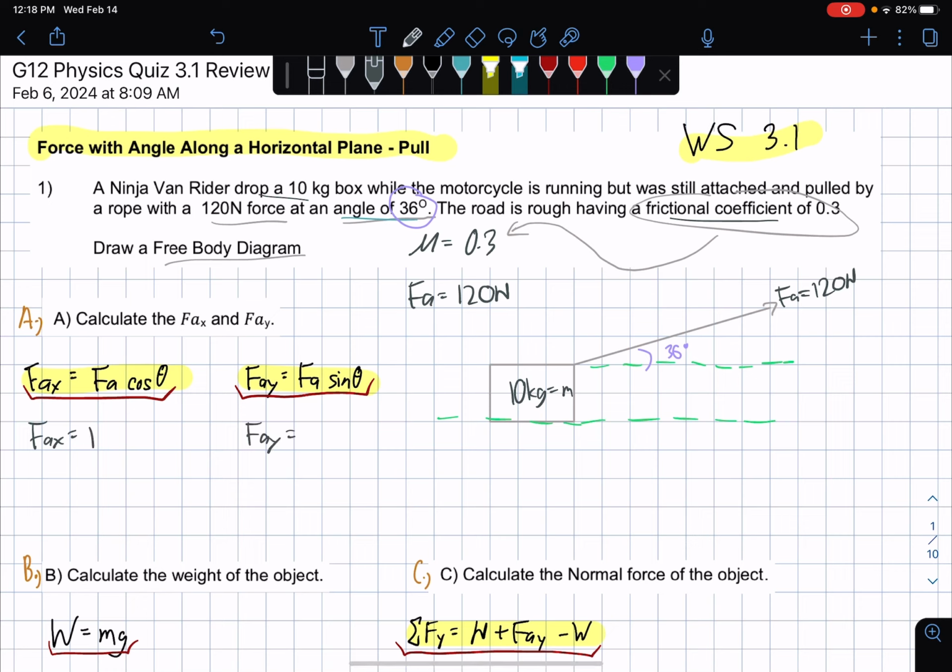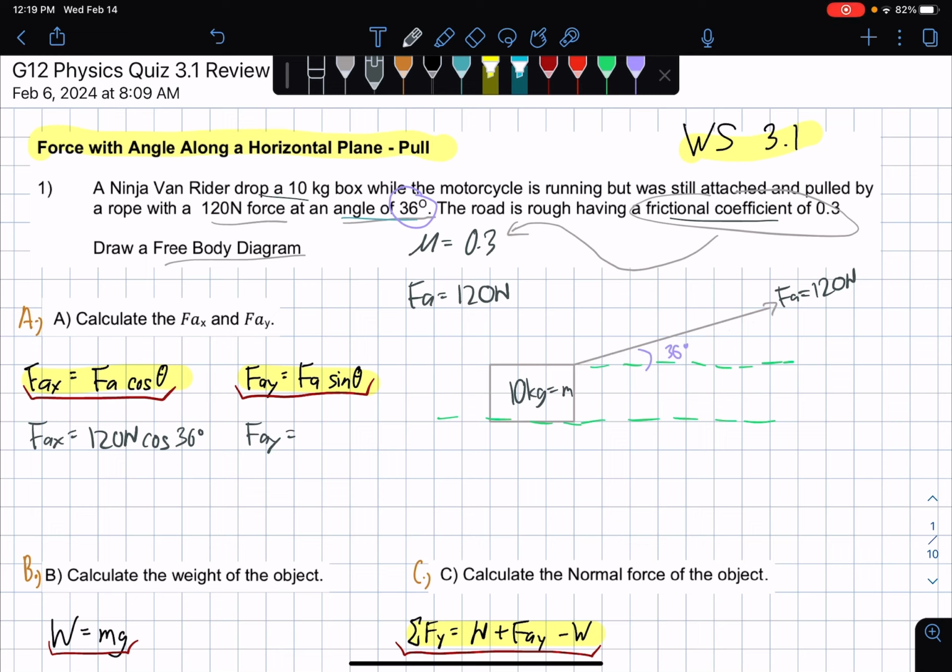So FA is 120 newtons, cosine theta, where theta is the angle, so it's 36 degrees. And just to let you know, in this kind of diagram, it says pull. So naturally, the arrow of FA is going from the object towards its direction.